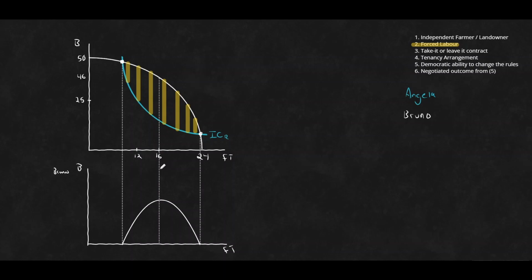That is, Angela altogether will be working for 8 hours, and then that yields for Bruno altogether 46 bushels being produced. Although 46 bushels are being produced, he has to pay Angela at least that amount of food that Angela would need to not try to escape.